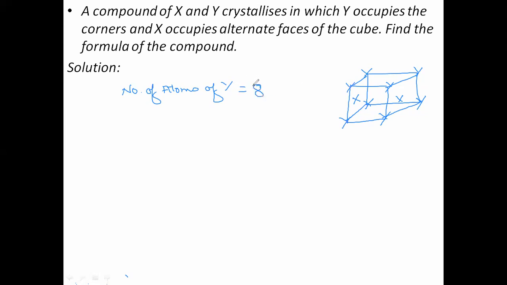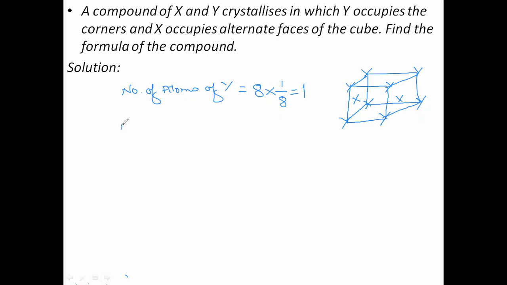You have 8, because it is present in the 8 corners, right? Into, now the question is how much each Y in the corner will contribute towards the unit cell. Will it contribute wholly? No, we know that it contributes only 1/8. So you have 8 atoms of Y multiplied by 1/8. So you have only 1 atom of Y in that particular cell.